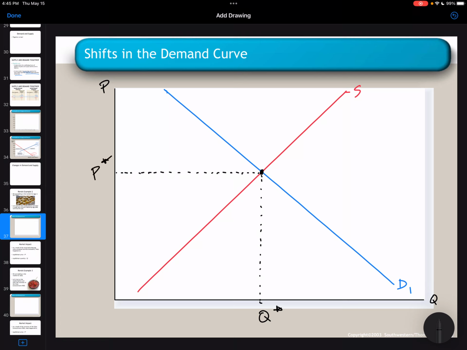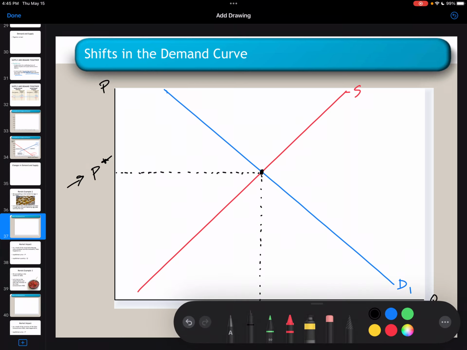So this star here denotes equilibrium price, and this star on the quantity down here denotes equilibrium quantity, okay? So now we have the demand curve represents buyers, supply curve represents sellers, and the equilibrium, that point in the market where buyer and seller are naturally drawn to, is now labeled, okay? So now we've shown things before, right?